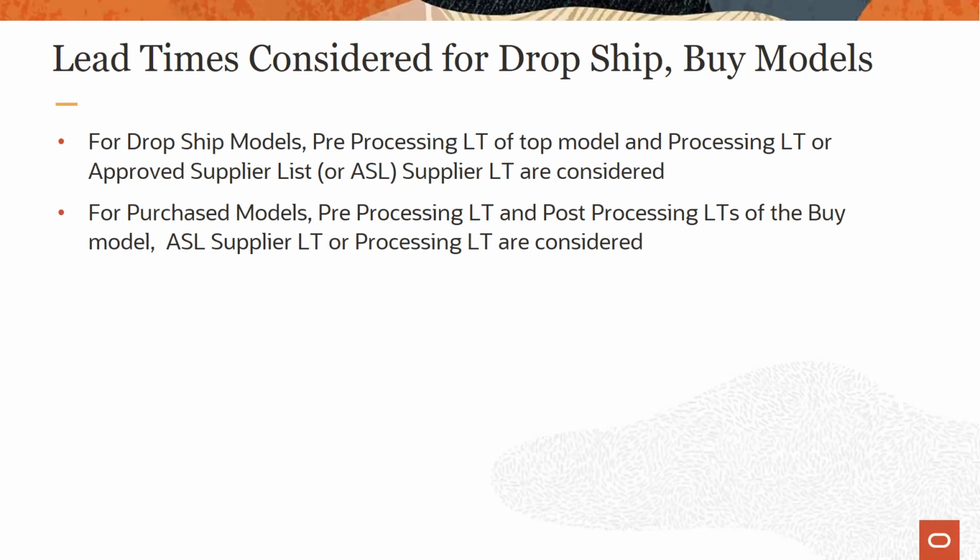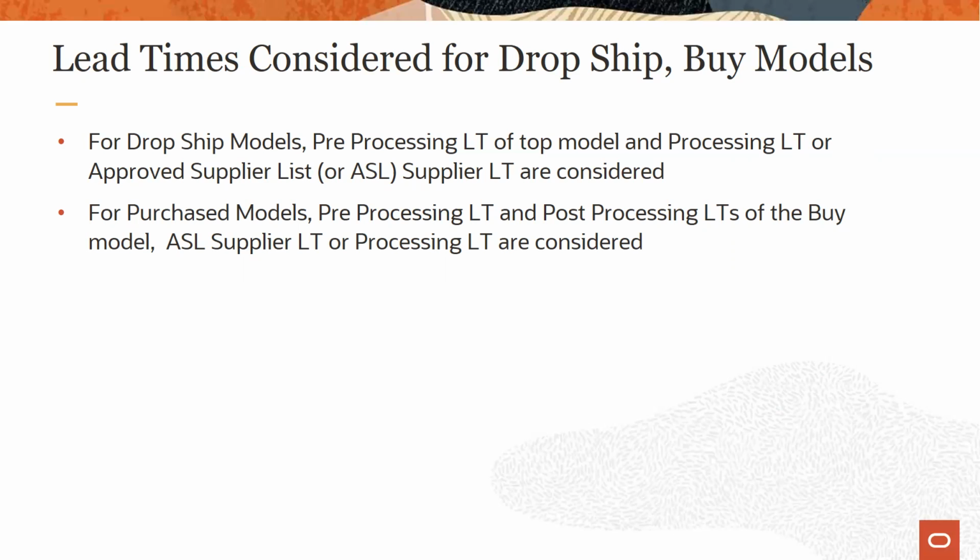For purchased models, both pre-processing lead time and post-processing lead time are considered. For all constrained option items of the purchased model, the ASL lead time or processing lead time is rolled up to the parent level model. Processing lead time is used only when the supply lead time is not defined for the item in ASL.